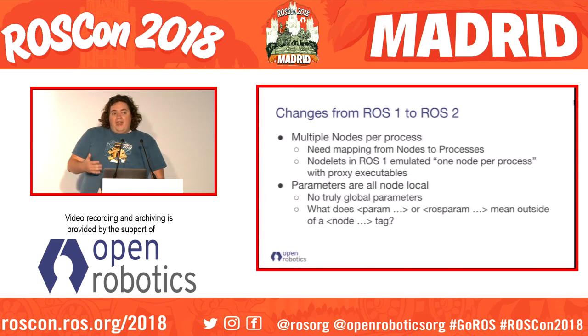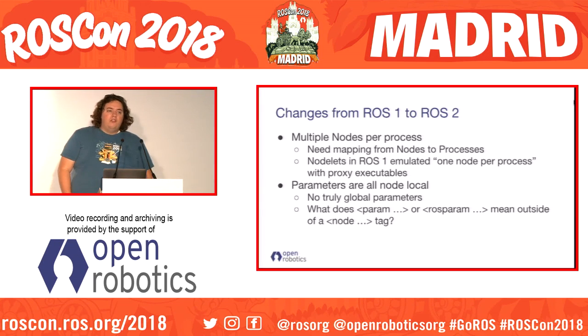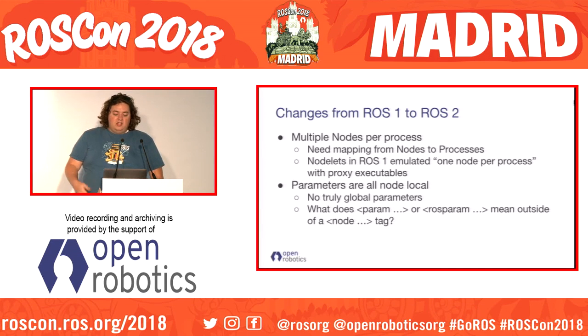There are also some things we have to change about launch in ROS2 because of the way that ROS2 works. A lot of things in ROS launch in ROS1 assume a single node per process, which is no longer the case in ROS2. So ROS launch needs to know the mapping between nodes and processes.